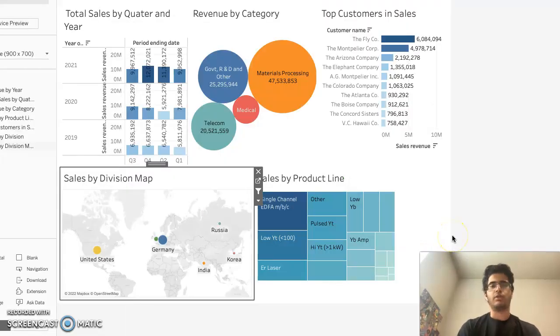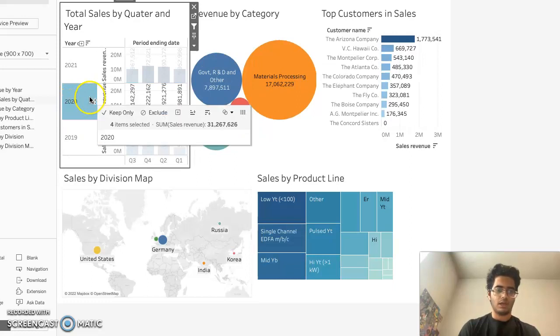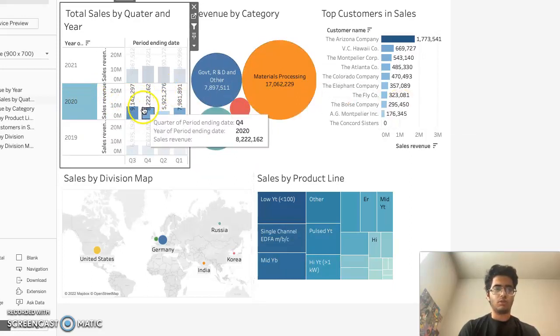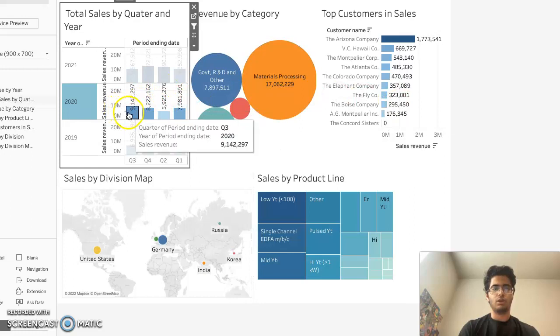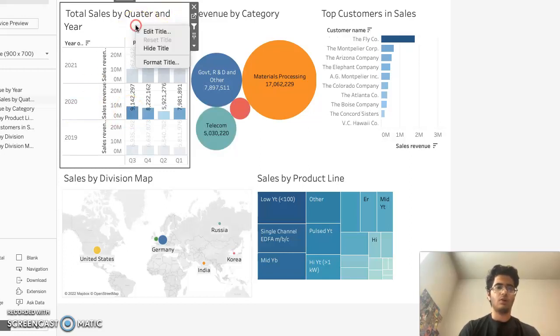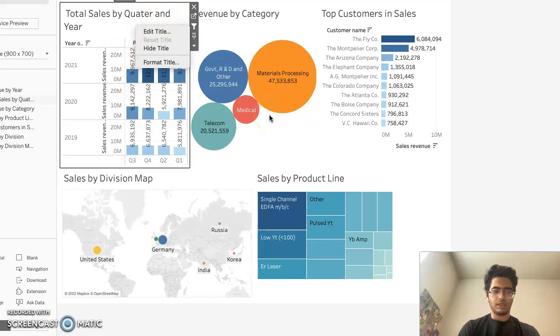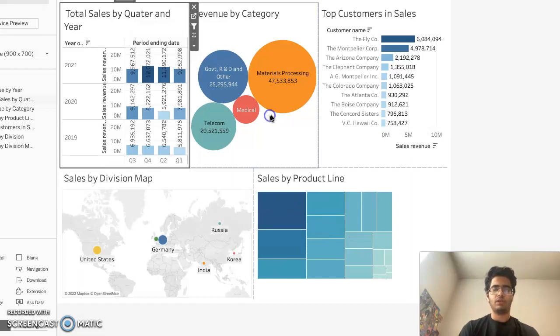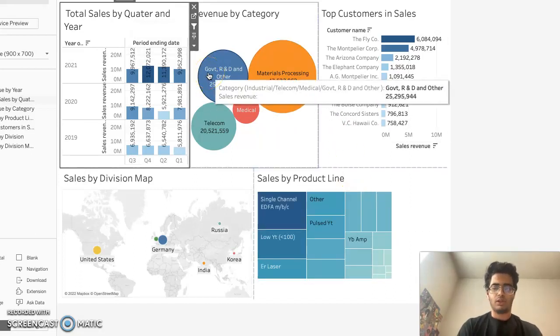Here we are going to answer the 8 questions. The first question was, what were the total sales revenue for the third quarter of 2020? If we go to the sales for 2020 and the third quarter, it is 9142,297. Then our second question, what were the total sales revenue for the medical category in the second quarter of 2021?